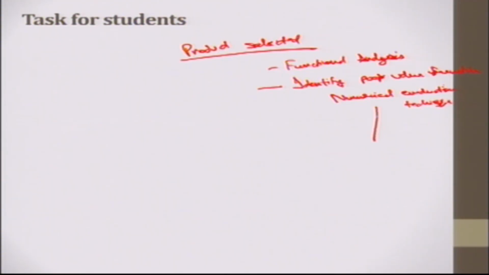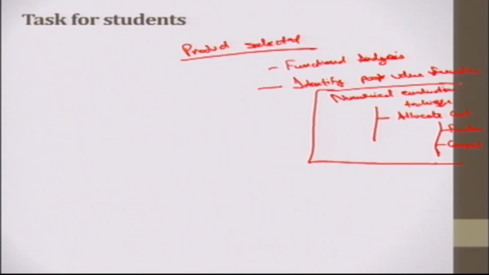For that, you need to allocate cost for function, cost for each component, and that for the component the cost would be divided. You need to compare the functions according to their importance. This whole exercise is to be carried out.